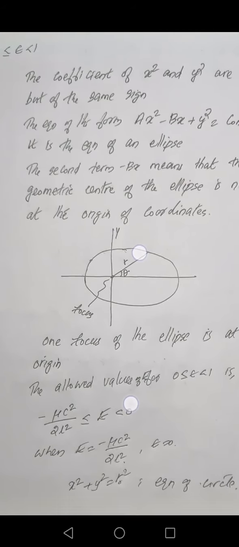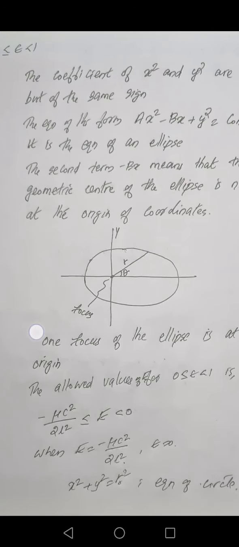And epsilon is 1 when E is equal to 0. So the condition is minus mu c square by 2L square less than or equal to E less than 0. When E is equal to minus mu c square by 2L square, epsilon equals 0.